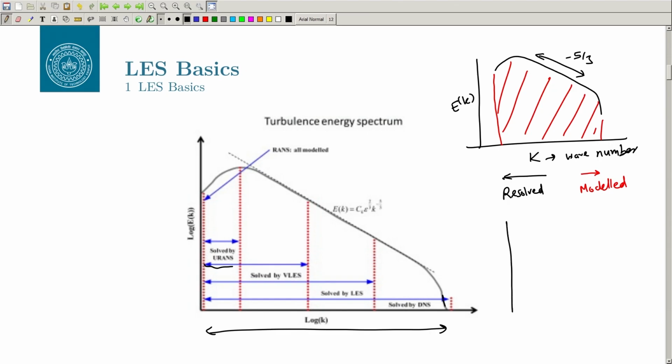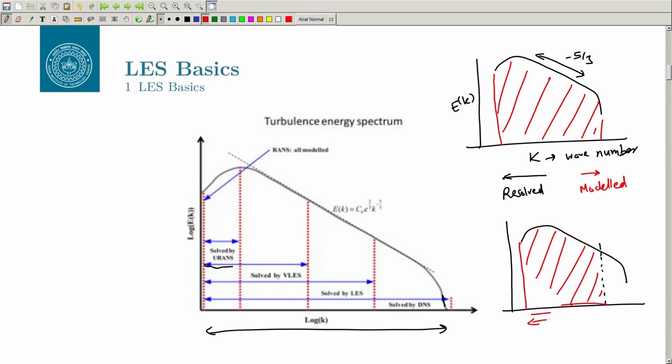If I make this curve again, and let us say this is my 80%, at least this part should be resolved directly using an appropriate grid, and the remaining 20% can be modeled using either a subgrid stress model, which we will discuss shortly or maybe in the next class depending on how time permits, or in the implicit LES case this can be taken care of by numerical viscosity.